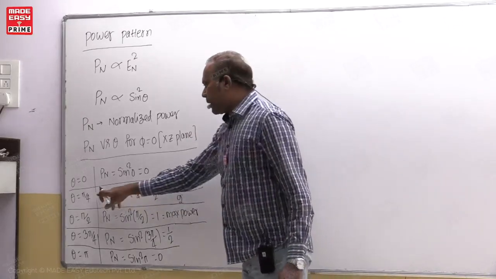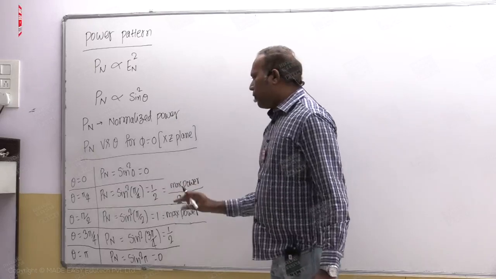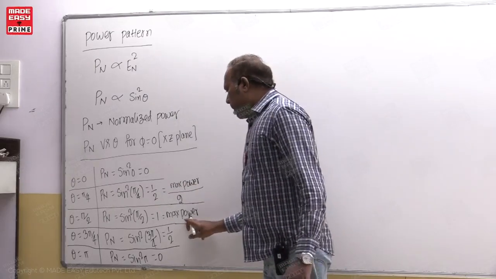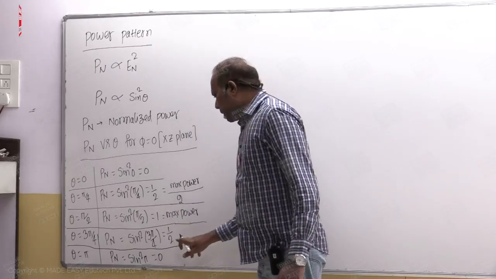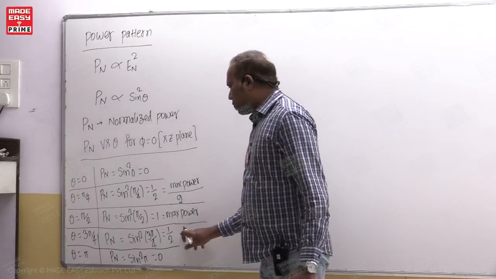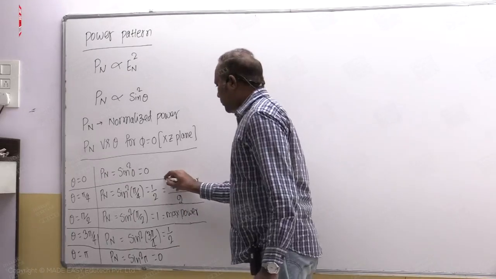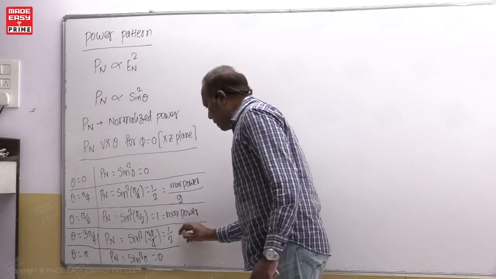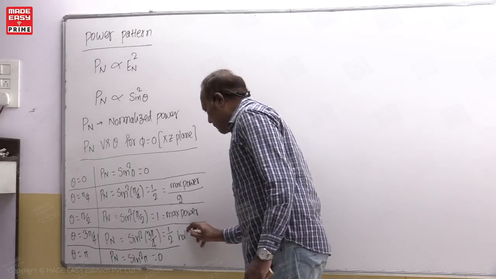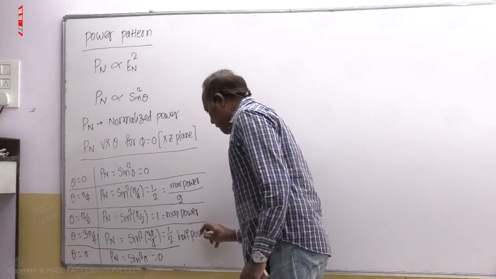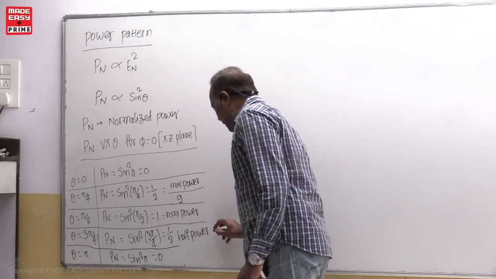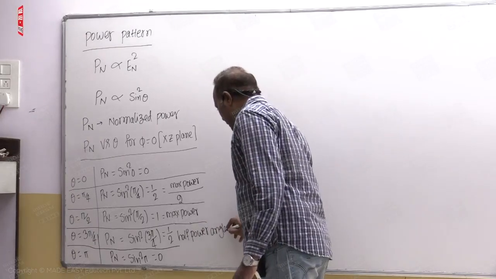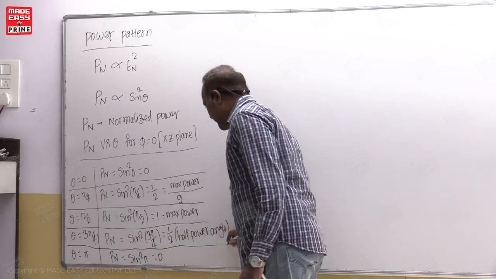That means at this angle power is half. Maximum power is there at this angle. This is also a half power angle, and this one also. So at these angles half power is present.